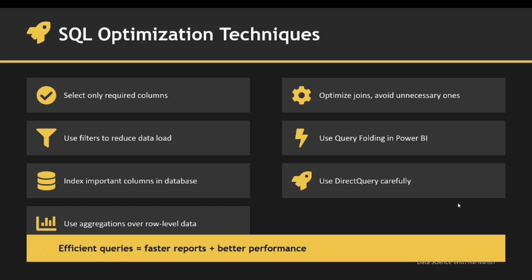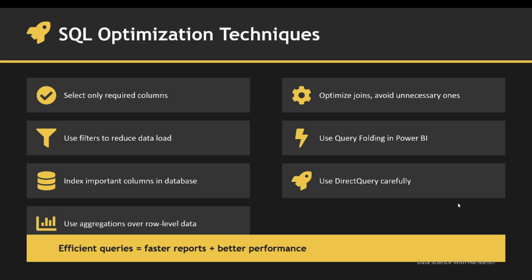The third technique is to index important columns in the database. This is a database level optimization that directly impacts how fast your SQL queries run. Database indexes are special data structures that allow the database engine to find and retrieve rows much faster. Similar to how an index at the back of a book helps you jump directly to the right page instead of reading every page.